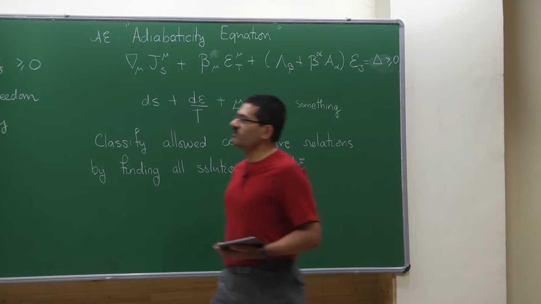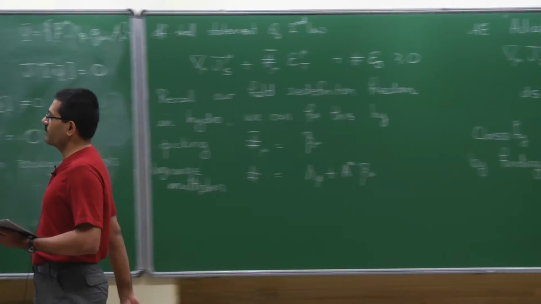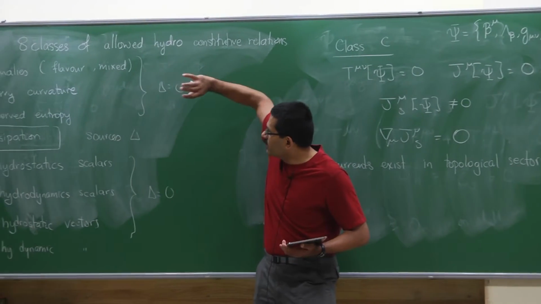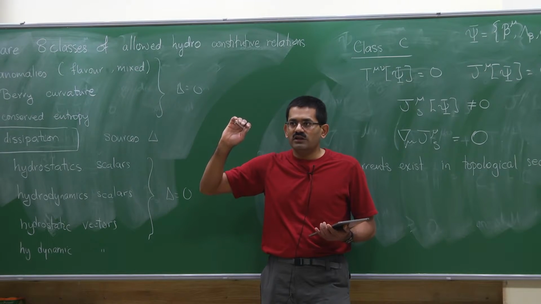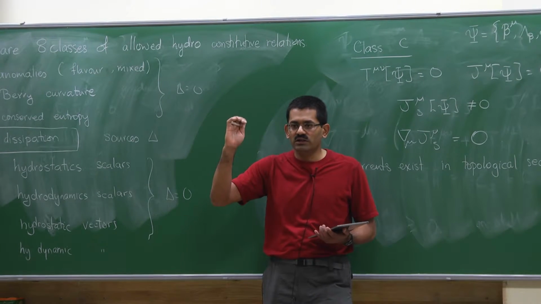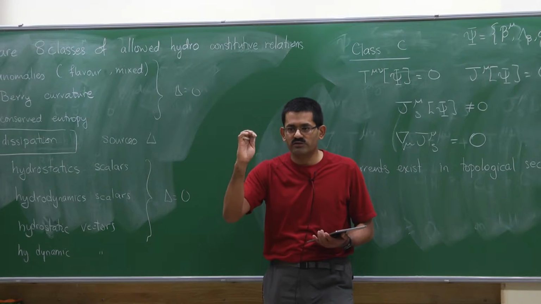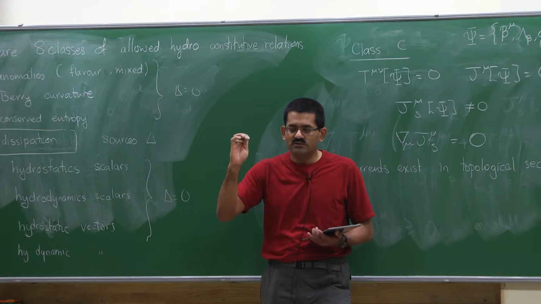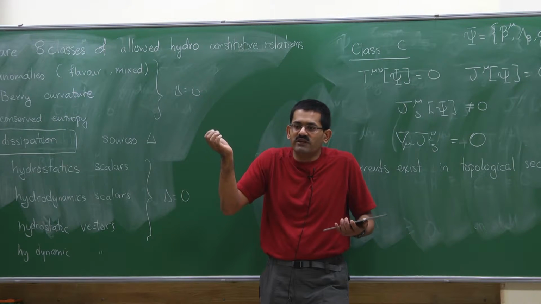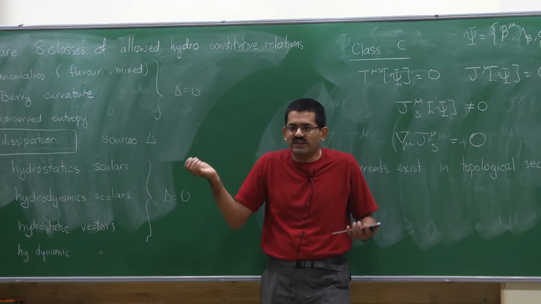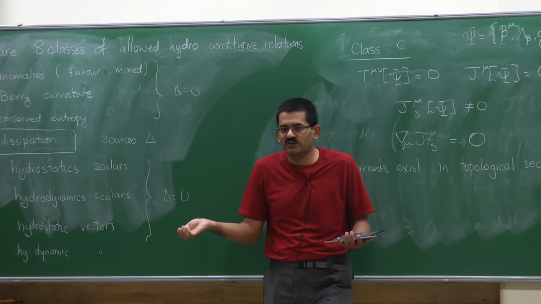When I say that delta equals 0, maybe I should be a bit more clear: strictly speaking, on shell there is 0 entropy production. So these are cases where J mu s is not so exciting because entropy is not produced.